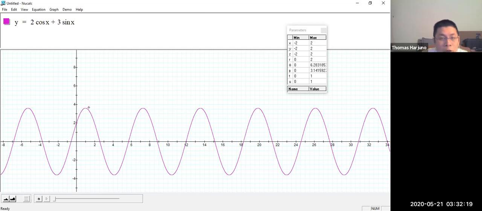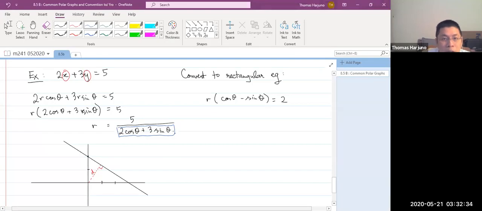Now, I will not derive that for you anymore. I will just tell you what the maximum value is. The maximum value for this is the square root of 2 squared plus 3 squared.